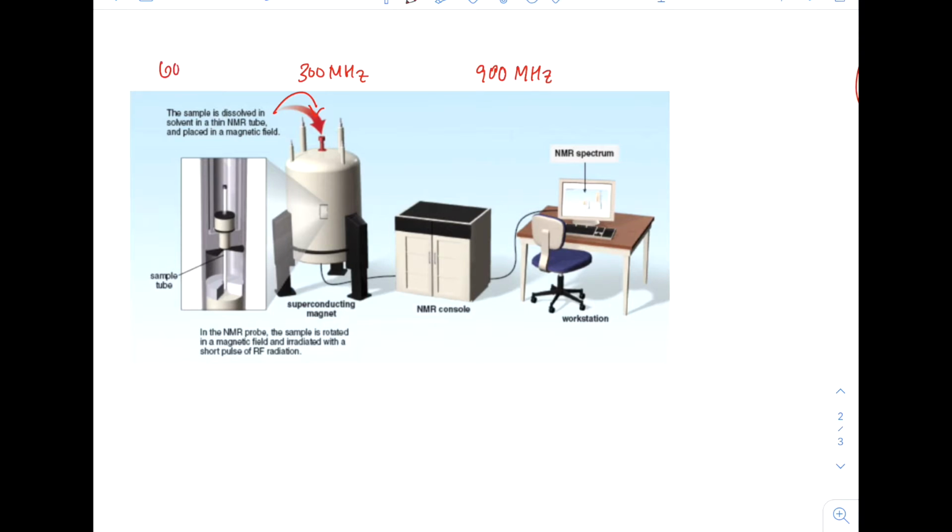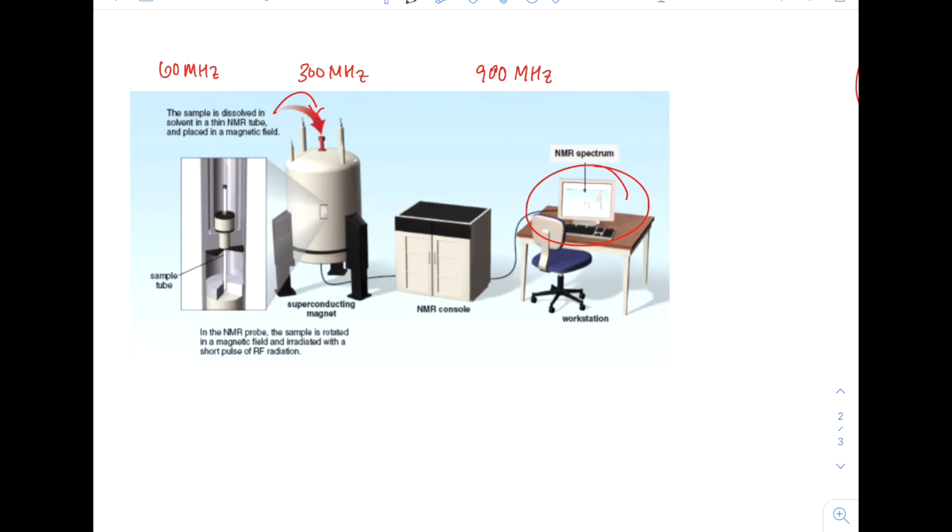We also have a 60 megahertz in our lab, and this is pretty much the size of that computer screen. It's even smaller than a computer screen, but it takes about the same space on a benchtop. So 60 megahertz to 300, it's quite a big difference, but they both function the same way.